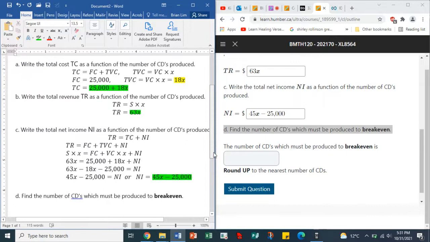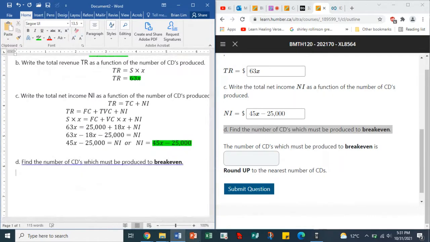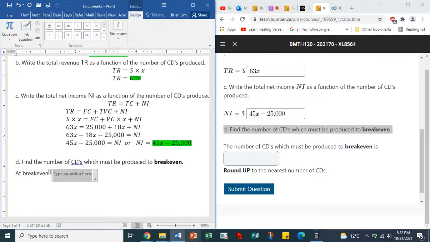So at break even, that's what you must remember. At break even, what happens? Well, the total revenue is equal to the total cost. Maybe we can put it like this.